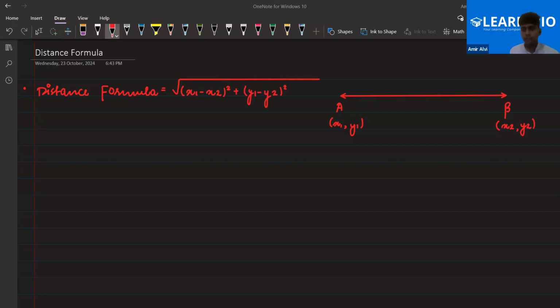Yes, sir. Okay, so now let's understand this with the help of an example, because this chapter is all about the examples.